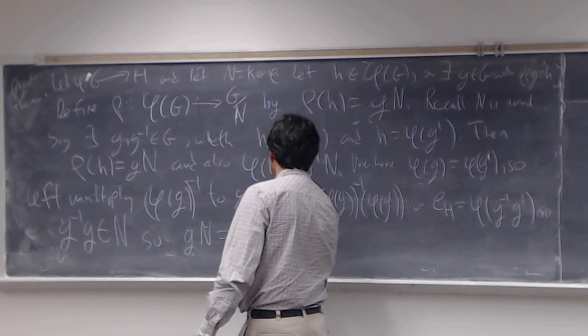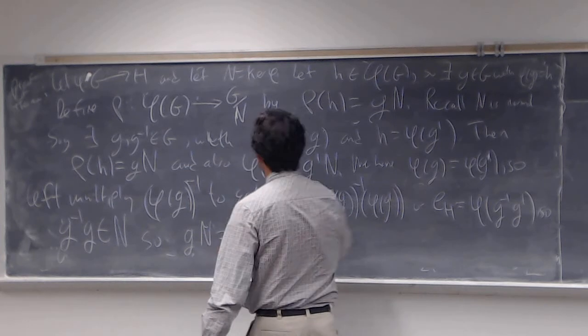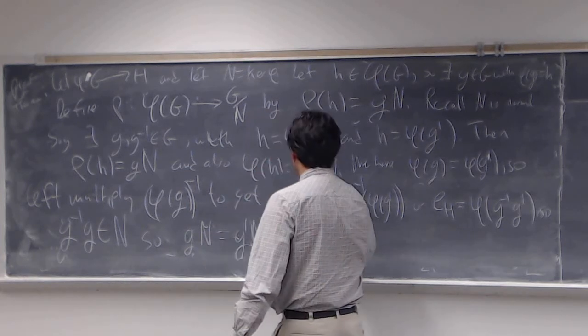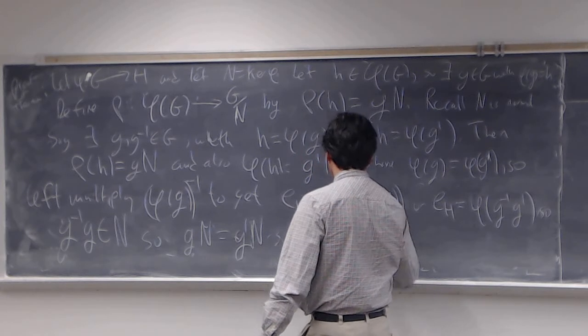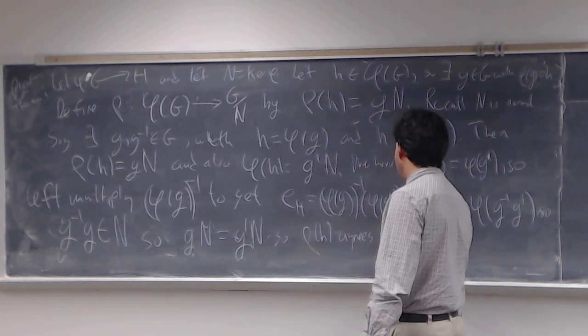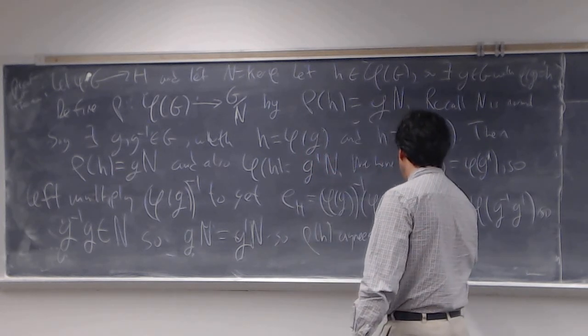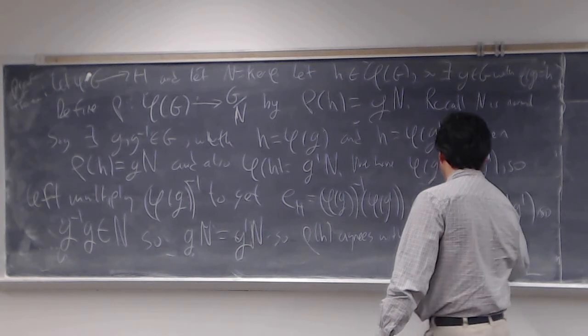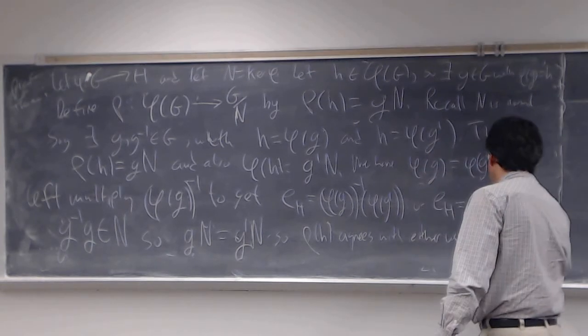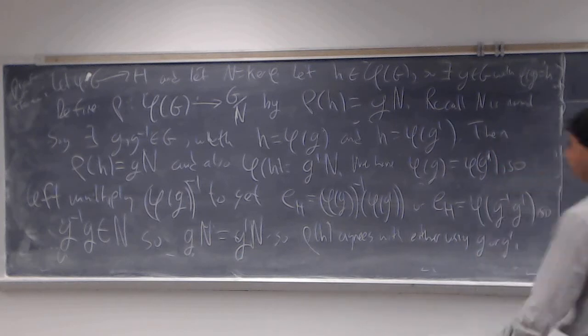And so, what's that? That's exactly rho of H agrees with either using g or g prime. So we've got a well-defined function.